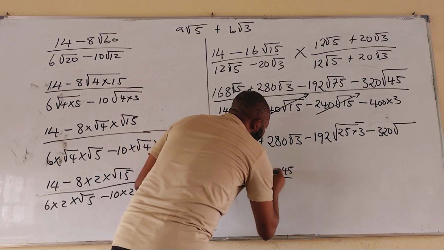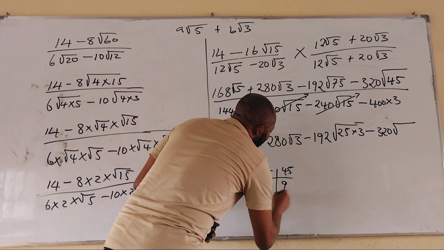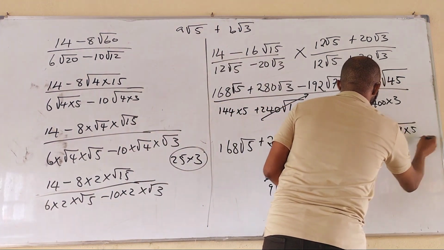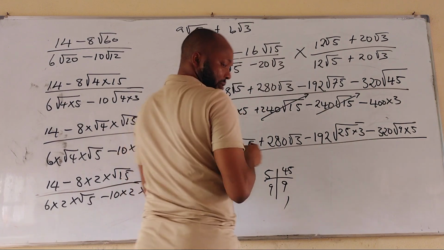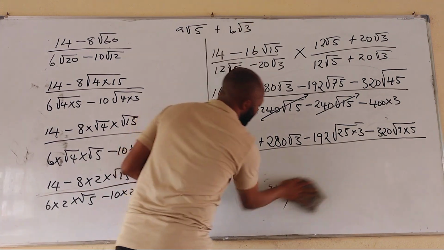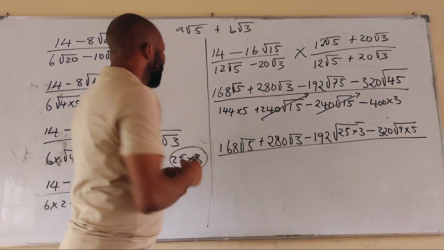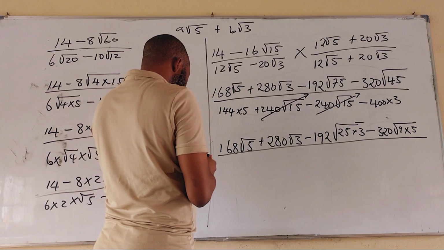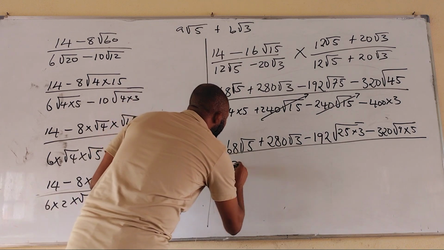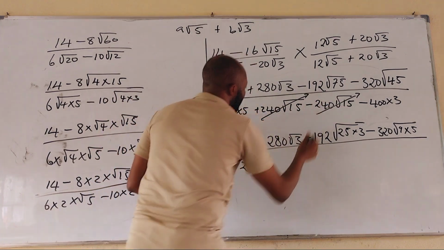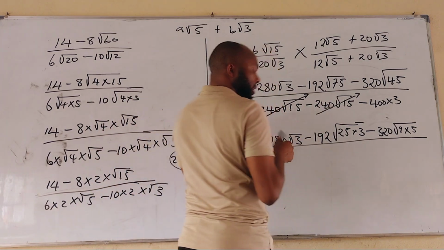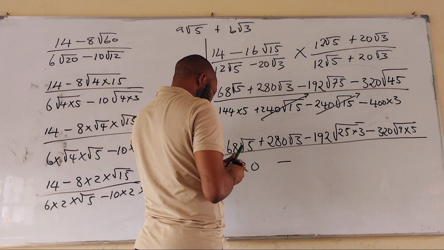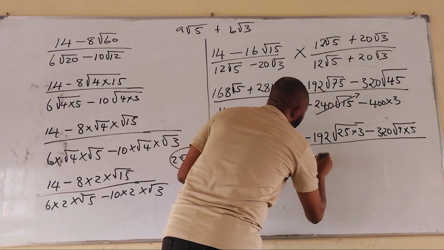It's 9, 9 over 1. So here we have 9 times 5. All over 144 times 5. 144 times 5 gives me 720. This 2 is 0. Minus 400 times 3. 400 times 3 gives me 1,200.